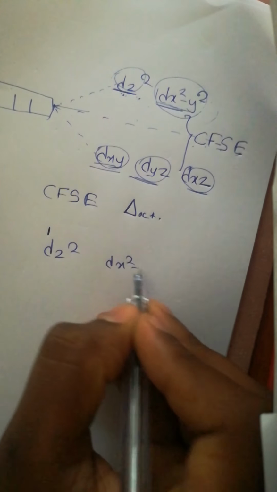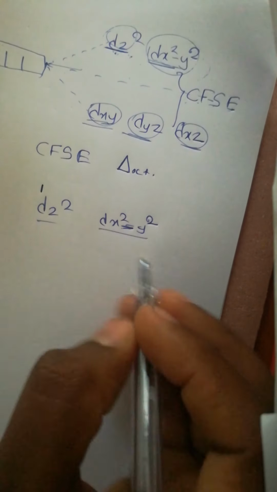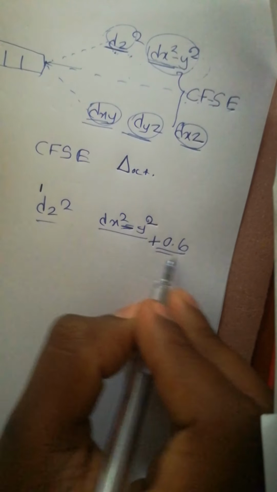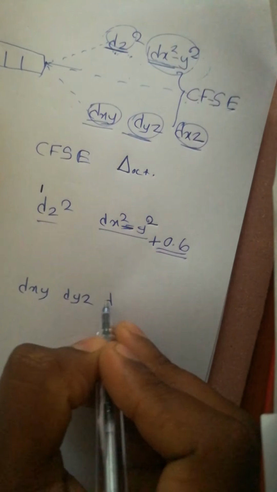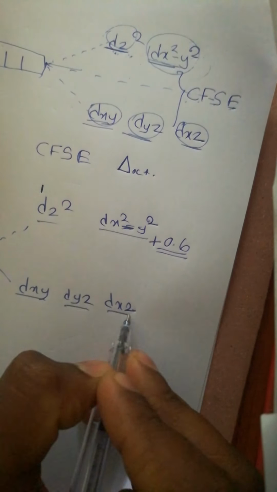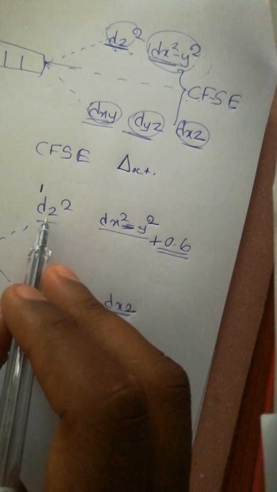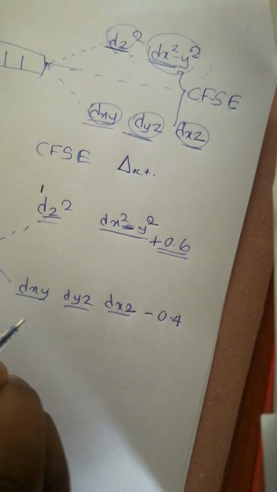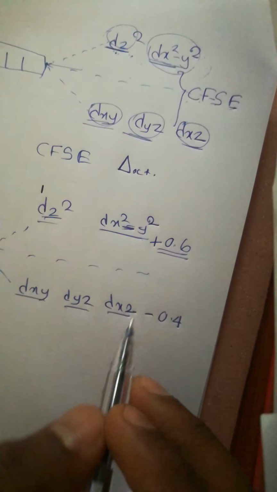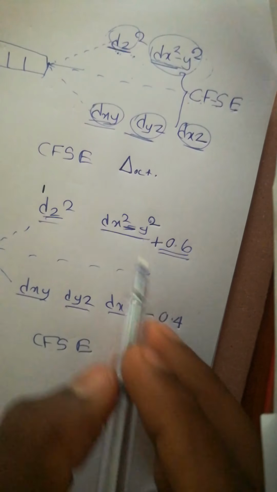By this amount of energy, these two orbitals get increased. The dz squared and dx squared minus y squared orbitals are raised by plus 0.6 delta oct compared to the dxy, dyz, and dxz orbitals, and those orbitals are lowered in energy compared to the other two by minus 0.4 delta oct. Therefore, the splitting is the energy gap between these.